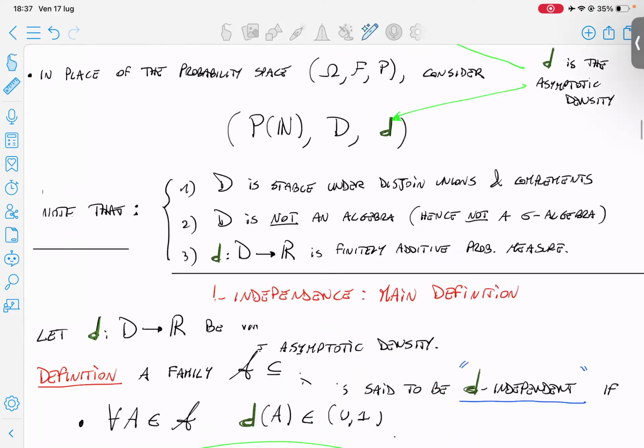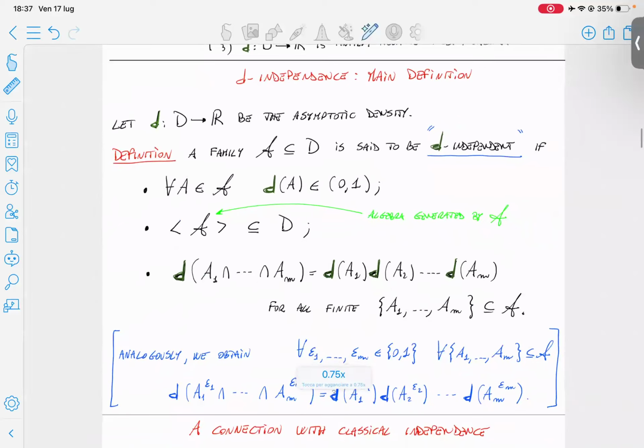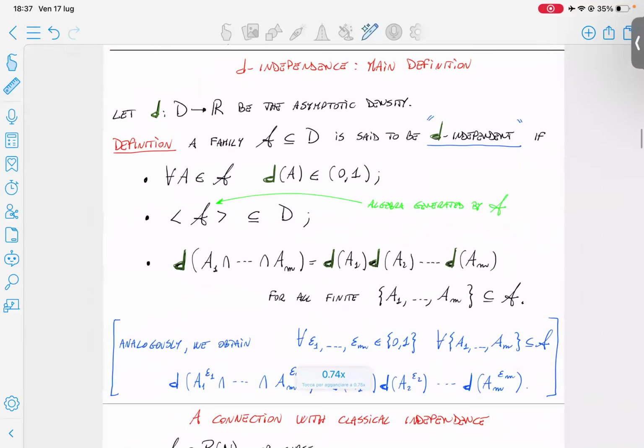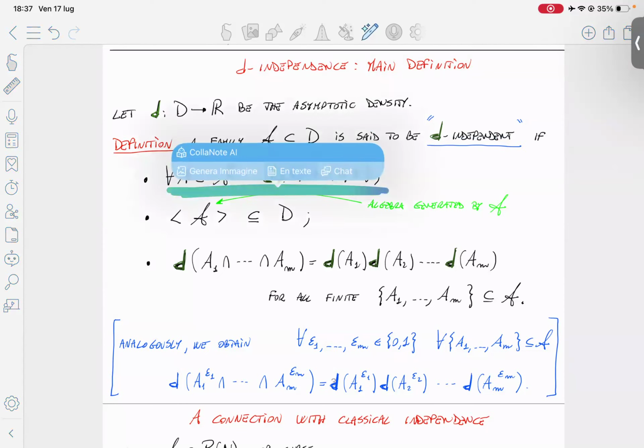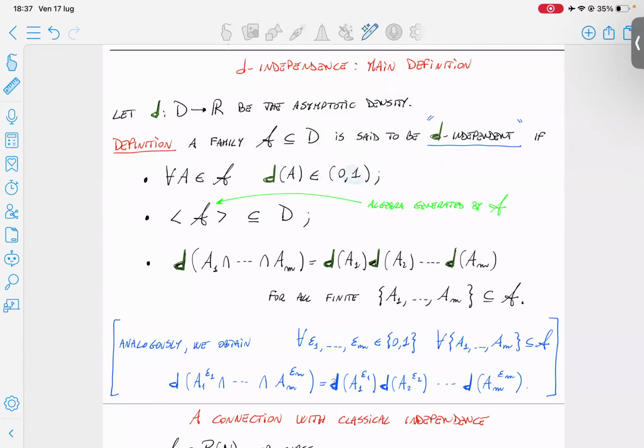Let's go to the main definition, which is here in this slide. A family of subsets of calligraphic D, let's remember this is the family of sets which have asymptotic density, is said to be independent with respect to D if these three properties hold. Property number 1, the asymptotic density of every member of the family is strictly between 0 and 1.